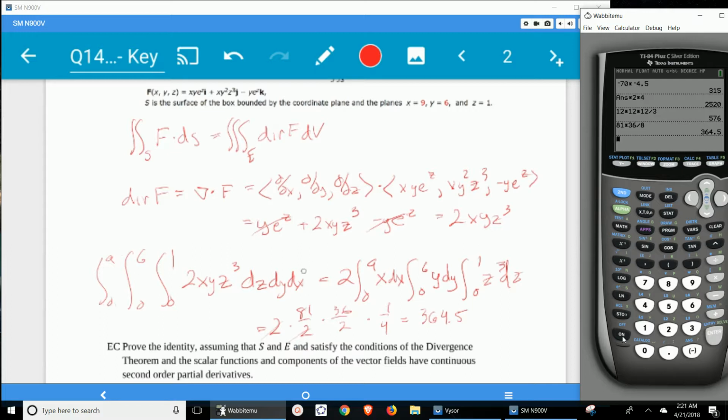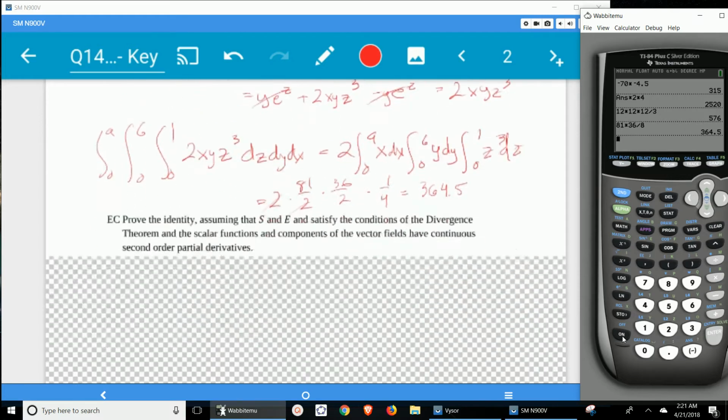X went 0 to 9, Y went 0 to 6, Z went 0 to 1. 2 popped out, X, Y, Z to the cube. Looks right to me. So X squared over 2 from 9 to 0, 6 to 0, 1 to 0. So, yep, 81 times 36 over 8.